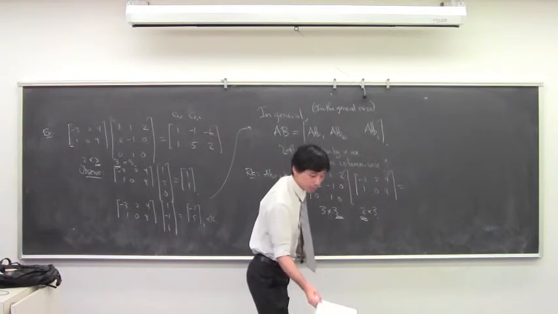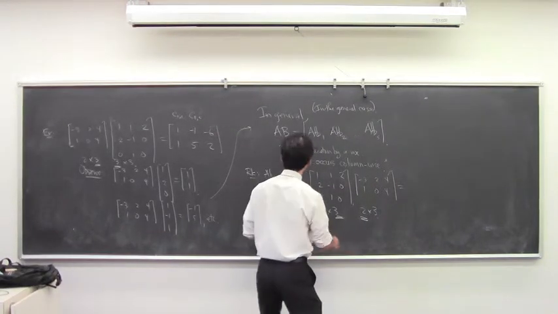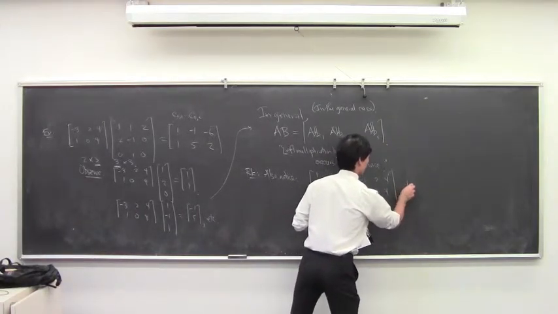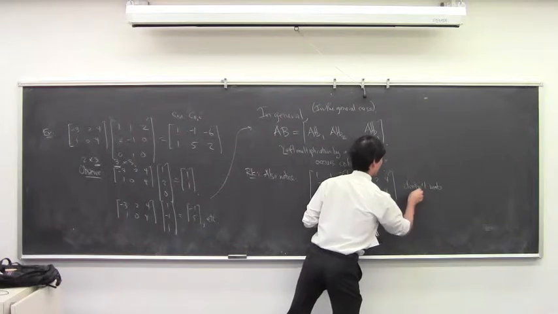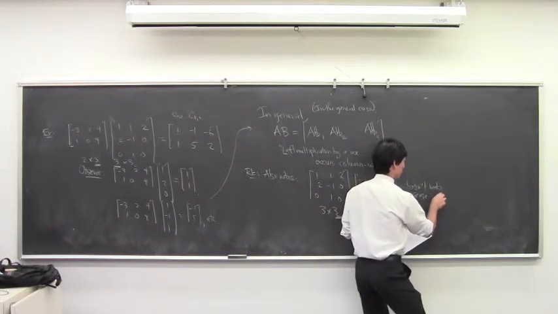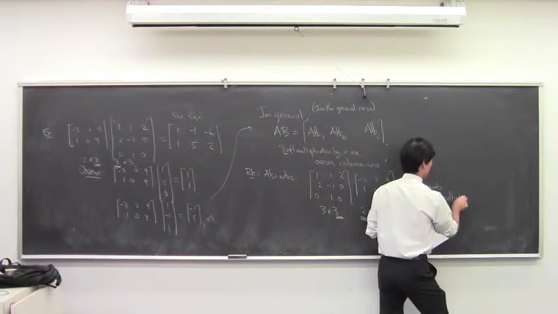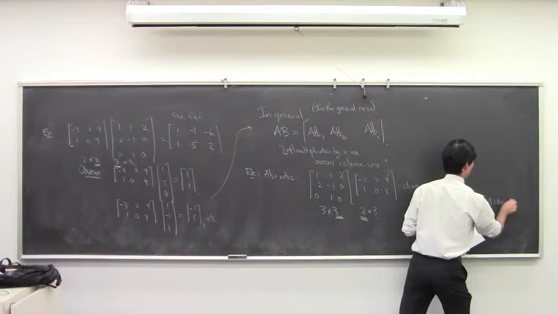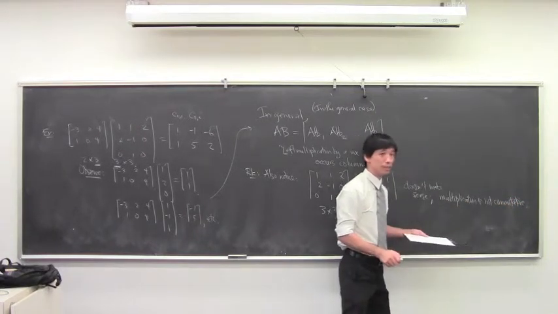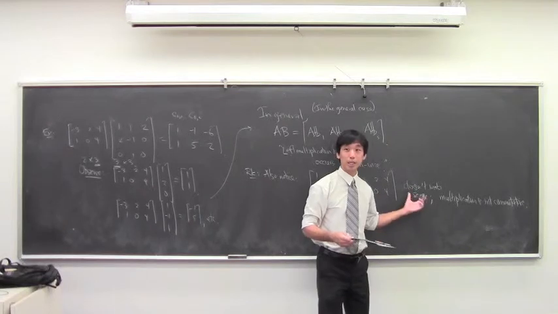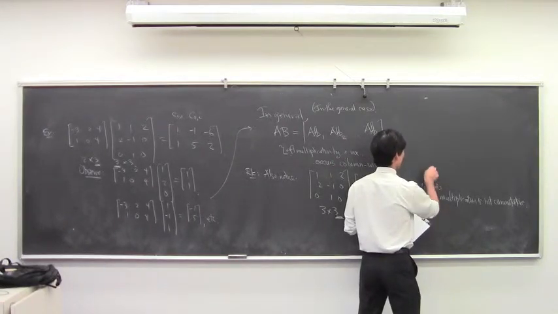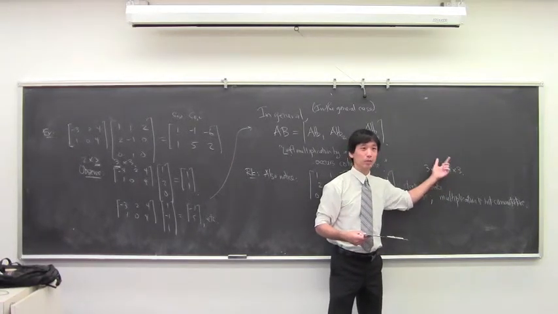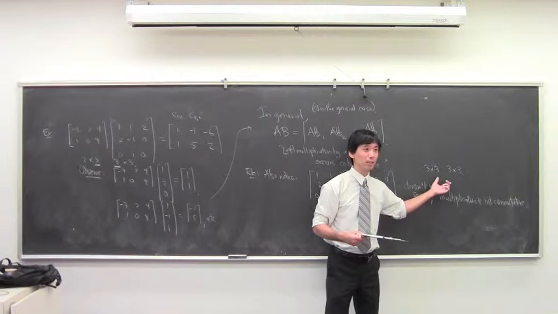So matrix multiplication is not commutative. Even if you have, say, a 3 by 3 and a 3 by 3, you can switch the order, but you're not guaranteed the same answer.